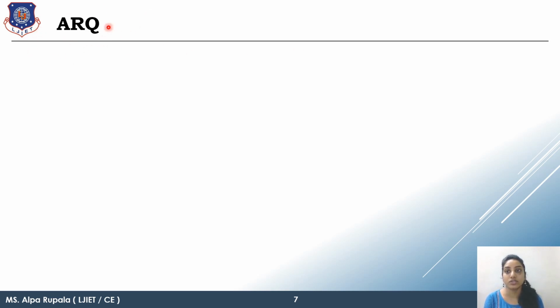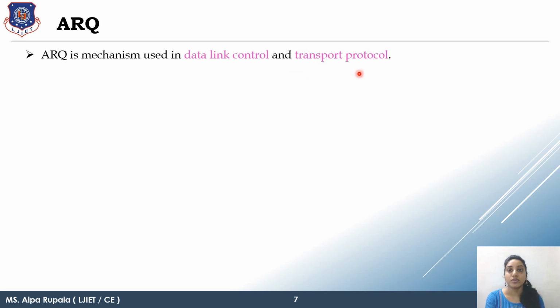So we are using ARQ. We are using ARQ for the flow control mechanism or for error integrity. Basically, ARQ is used at the data link layer or transport layer protocol of your OSI model.